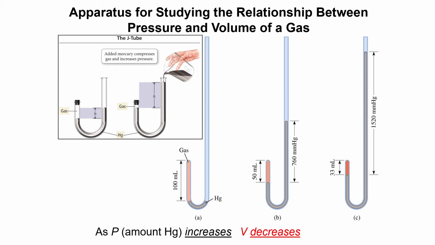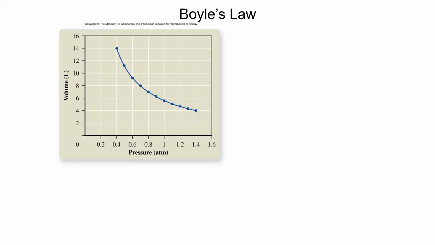So you increase the pressure on that gas, you decrease the volume. Now let's make this into a graph. Let's plot the volume against the pressure. And as you can see, like we saw, as the pressure increases, the volume decreases.